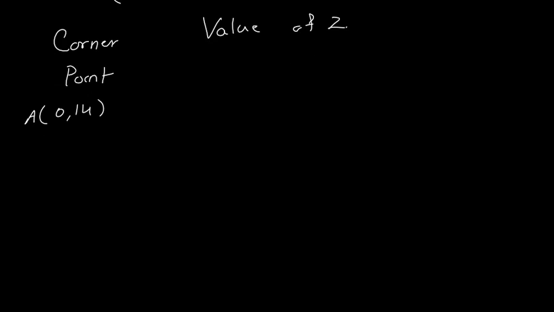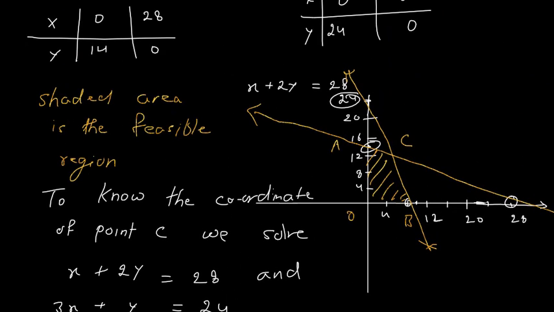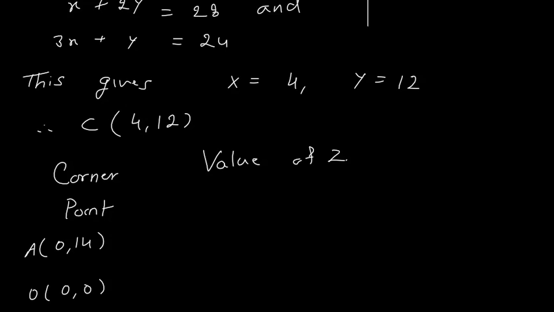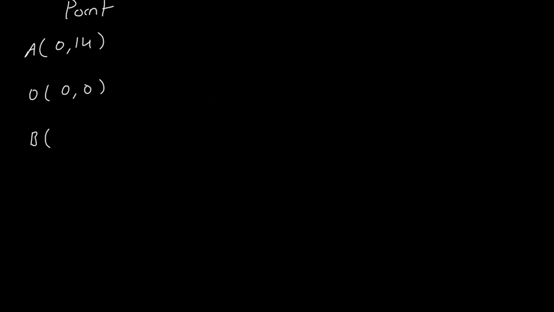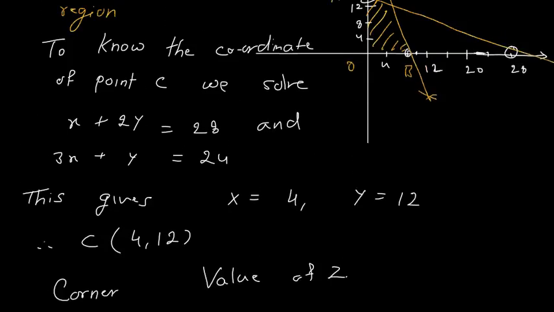Corner point O is 0, 0. Corner point B is 8, 0. And corner point C is 4, 12. So let us mark it here.